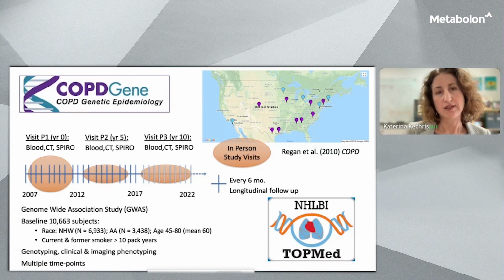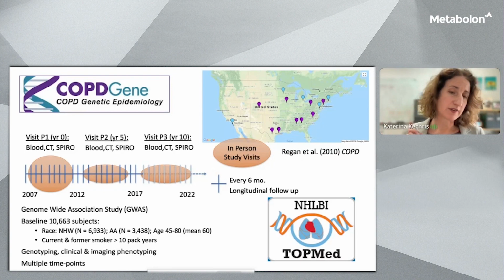So because this was a genetic epidemiology study by design, there was extensive genotyping at baseline using SNP chips. But since then, COPD Gene, like some other large cohorts around the country, has become part of a larger consortium called TopMed that is funded by NIH and NHLBI. So we also have whole genome sequencing now through that effort. In addition, they provided funding to also perform other omics profiling.